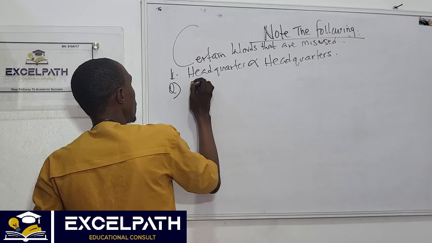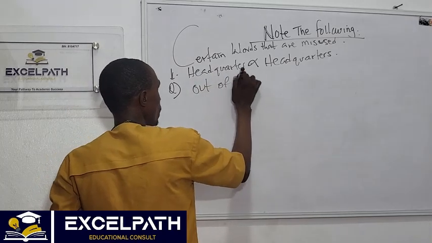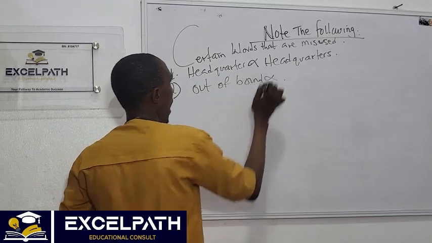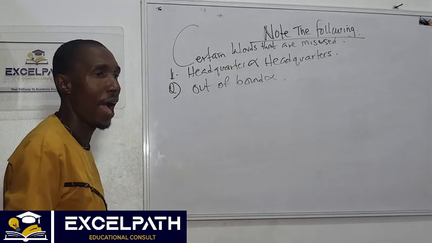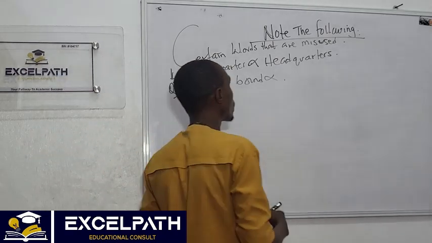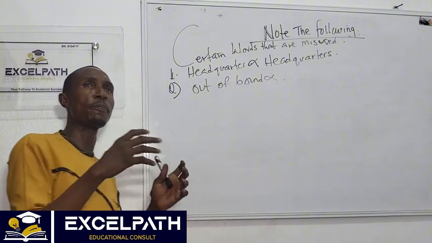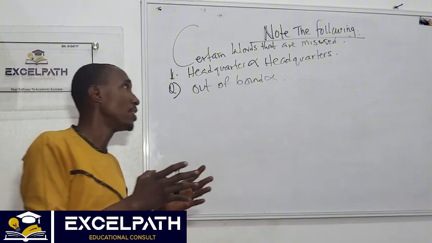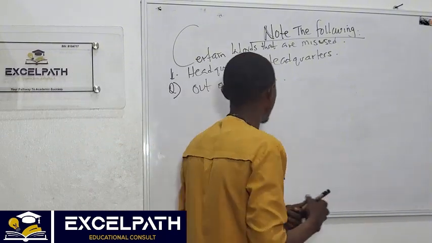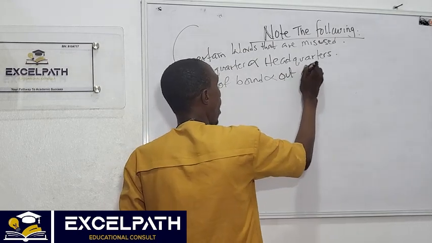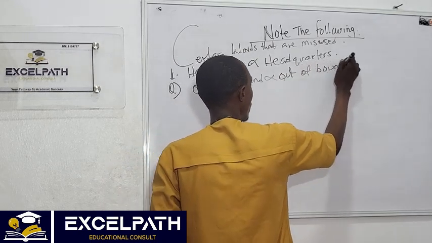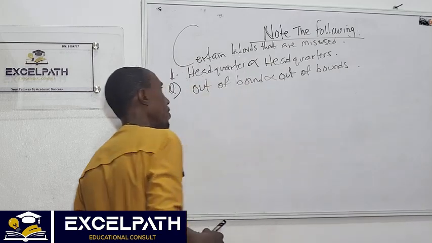Number 2, out of bound. It is wrong. Because there are some companies or offices that will write out of bound. It is wrong. It is out of bounds. Out of what?